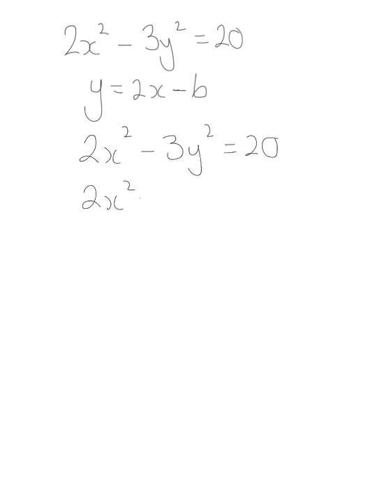2x squared minus 3, and then at this point you're going to substitute your value for y just in here into the bracket. So our value for y is 2x minus 6, and if you look carefully you'll see that that bit is squared. The 3 is not squared, so it sits on its own. The y is squared, so you write down squared and then equals 20.